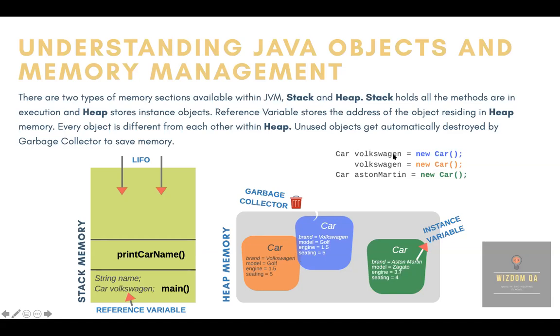So let's look at the first line here. Car Volkswagen equals new car. Look at the color, it is purple-blue kind of. As soon as I created this line saying new car, an instance of car got created, and then you have entered some information: a brand, model, engine, seating capacity.